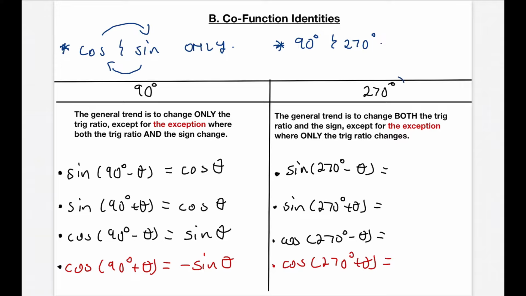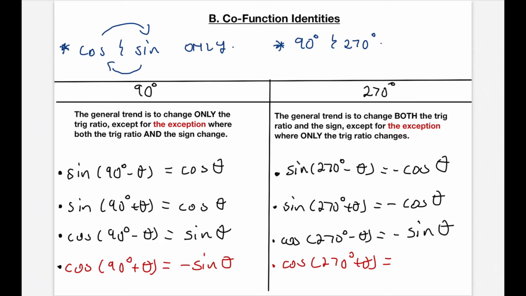When it comes to the 270 cofunction identity, sine of 270 minus theta actually becomes negative cos theta. Sine of 270 plus theta becomes negative cos theta. Cos of 270 minus theta becomes negative sine theta. So what's the general trend that you're observing here?